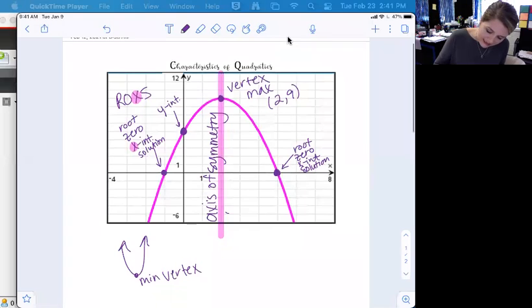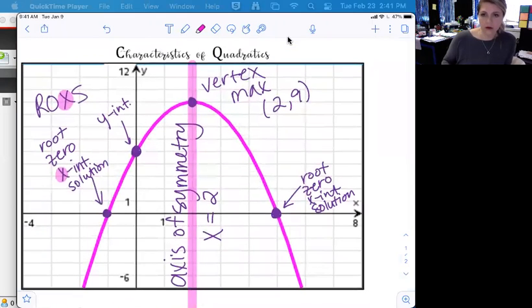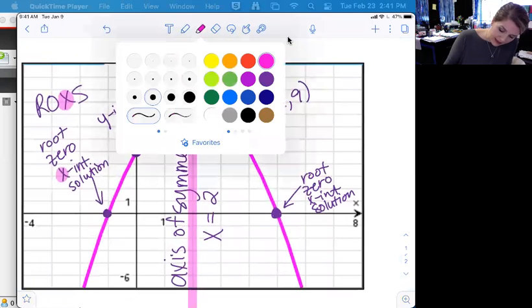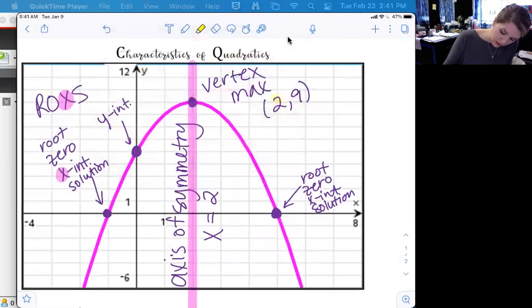So when we write the equation of this line, we're going to write it as x equals whatever number it crosses on the x-axis, which is 2. So my vertex and my axis of symmetry help each other out. My vertex, the x value is 2. So my axis of symmetry value is also going to be 2.